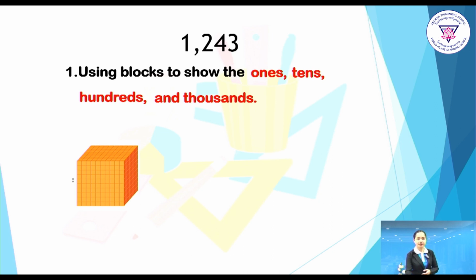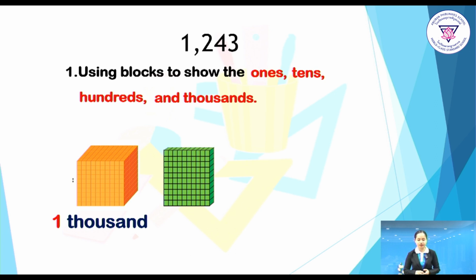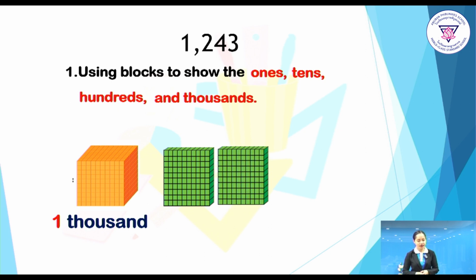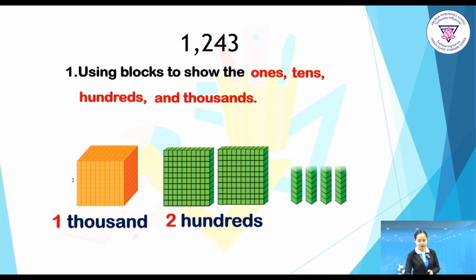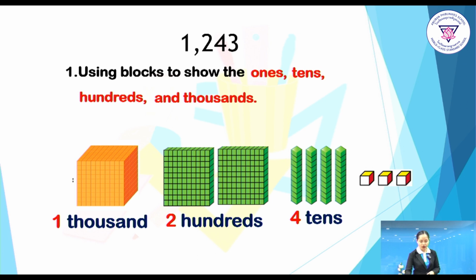What do you think is the answer in number 2? How many blocks of hundreds can you see? So there are 200. Yes. We now go to number 3. How many blocks of tens can you see? There are 4 tens. And the last one, how many counters can you see? Very good. There are 3 ones.